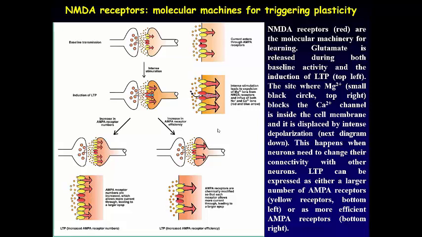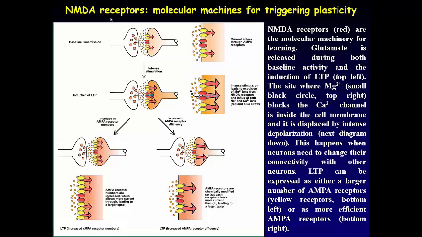Normally, in the physiological aspect, it is involved and serves as the basic mechanism for one of the most important mechanisms of synaptic plasticity. And here is how it works, let me show you.